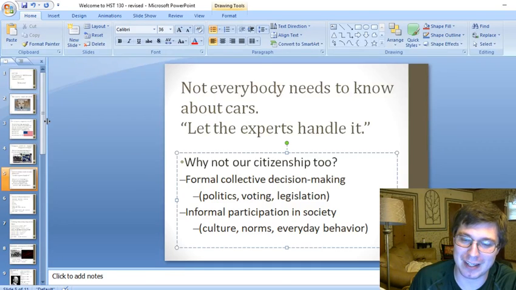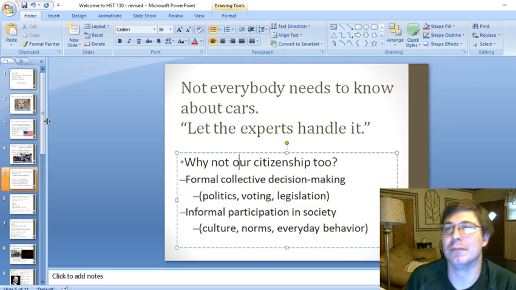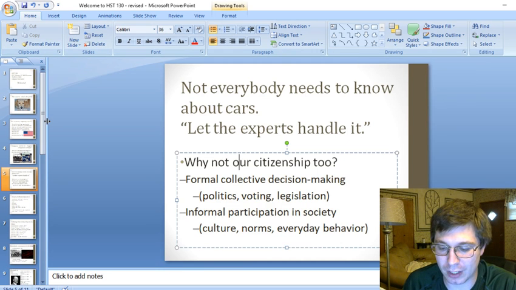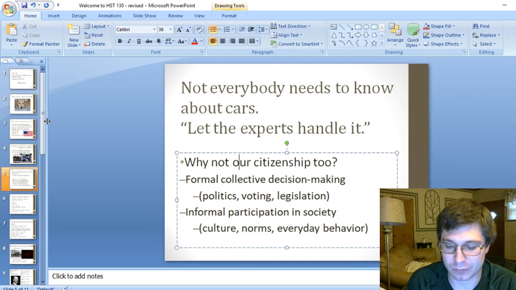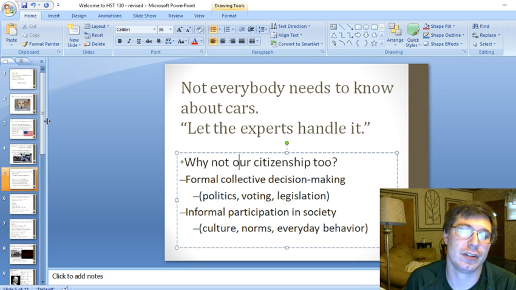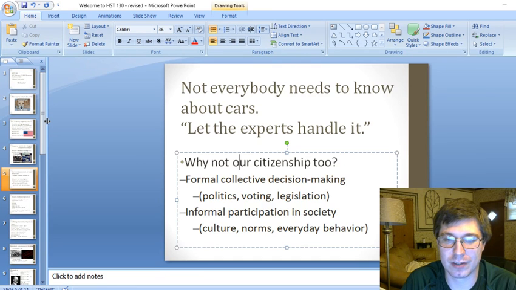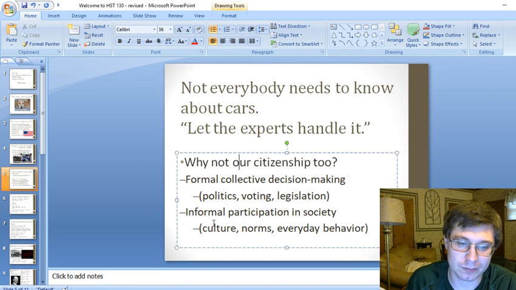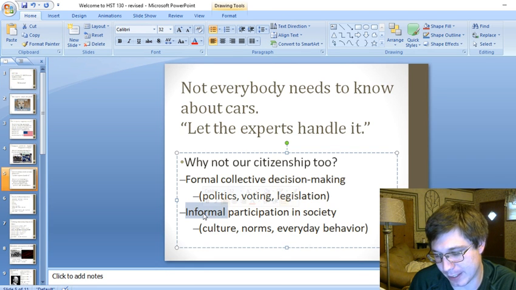So formal means things that are written down explicitly, that are clear, and where there's clear procedures for how you make certain decisions, versus informal, which means things with unwritten, unspoken rules.